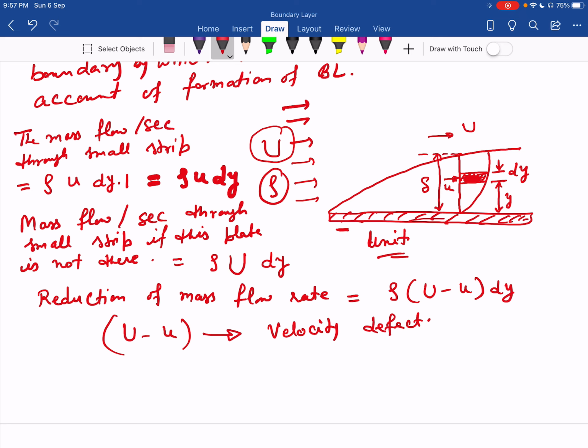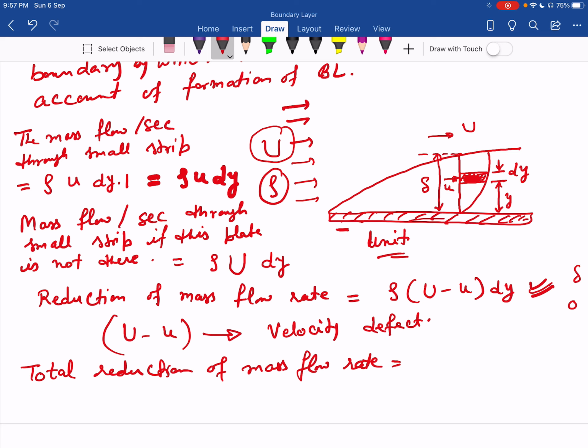Okay. Now you can write the total reduction of mass flow rate. The total reduction of mass flow rate is the integration of this term when y varies from 0 to delta.